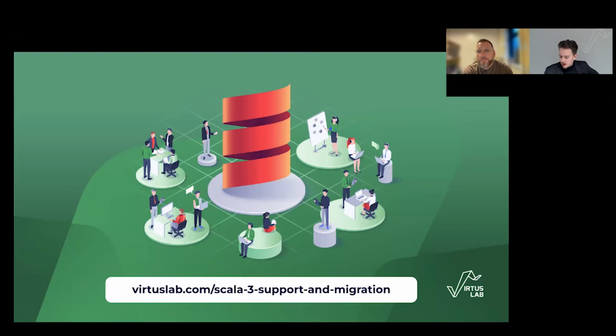Unfortunately, I don't have hard numbers right now. We started collecting them and seeing how many companies are using Scala 3 and using it in production. I think you can look at download stats of many Scala 3 frameworks, so you can see how it looks.